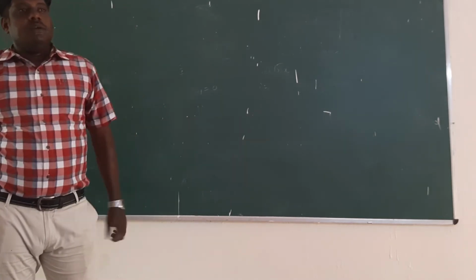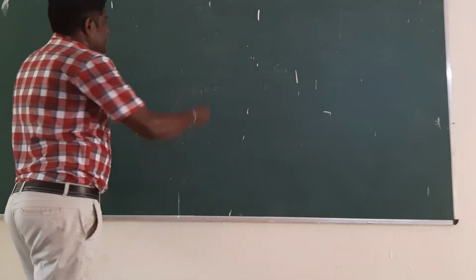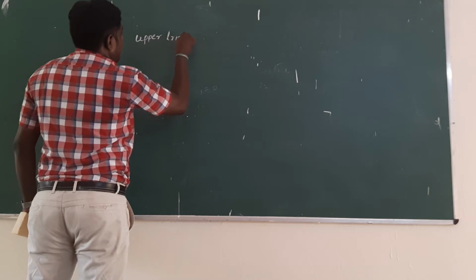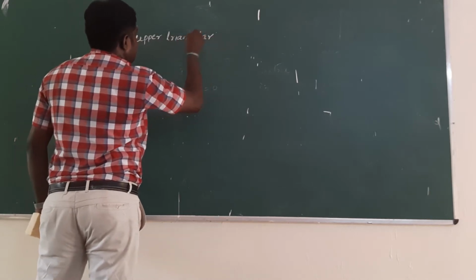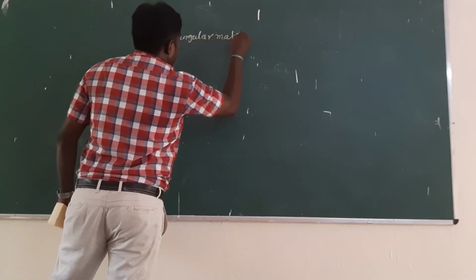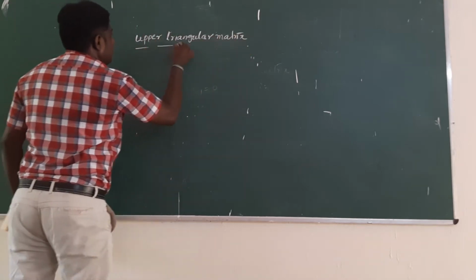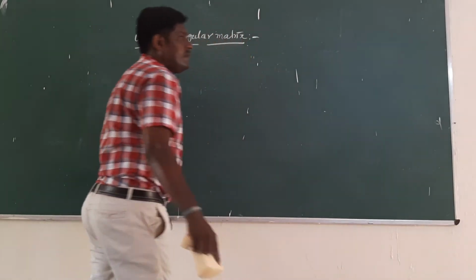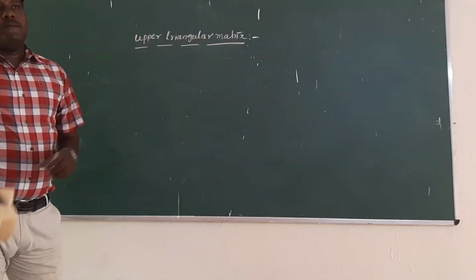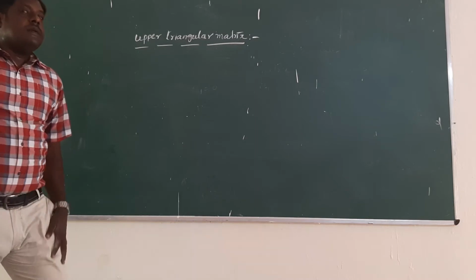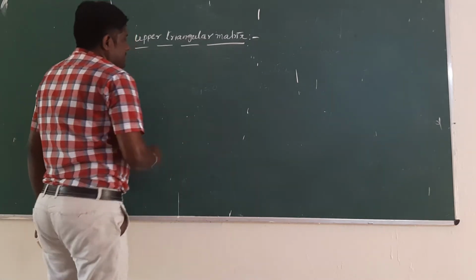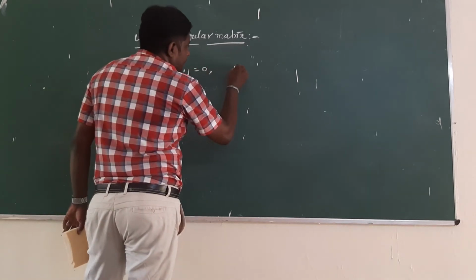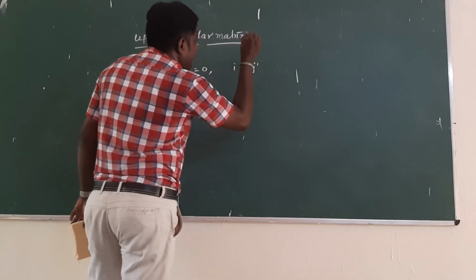Next, the upper triangular matrix. In any square matrix, the elements a_ij are equal to 0, where the condition is i is greater than j.